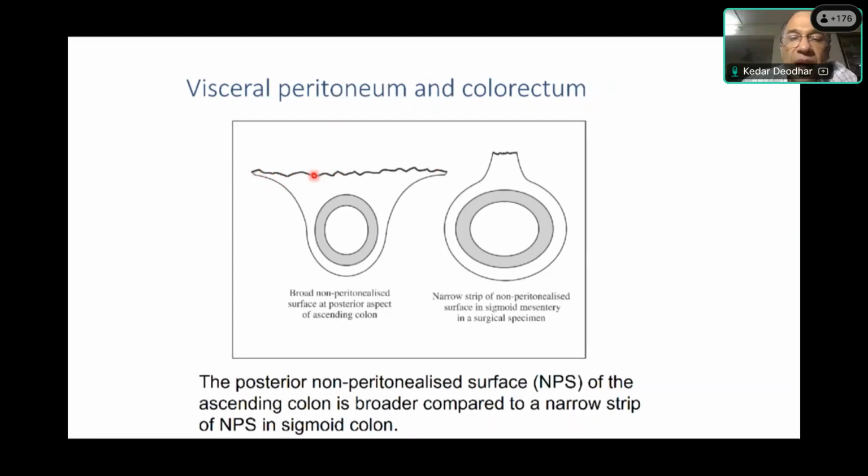As against that, the sigmoid colon will have investment of the serosa or peritoneum on all aspects, barring a very small area. So sigmoid and transverse colon will have assessment of serosa, or we will take it as PT4. Whereas for ascending and descending colon on the posterior aspect, a tumor in this location will be PT3.